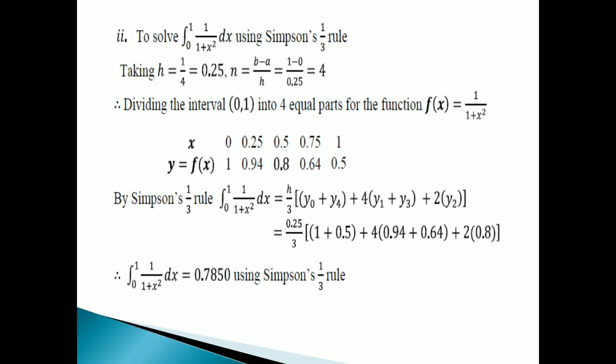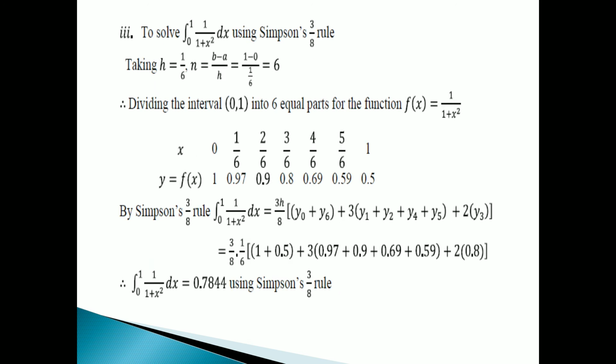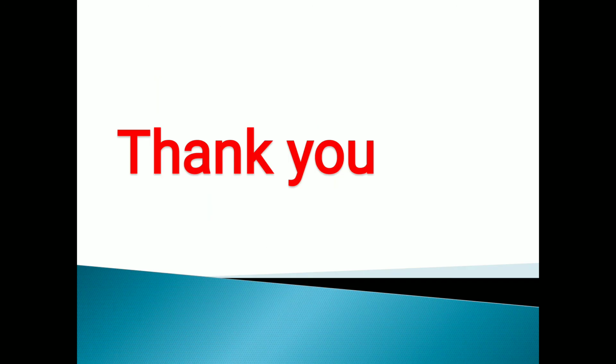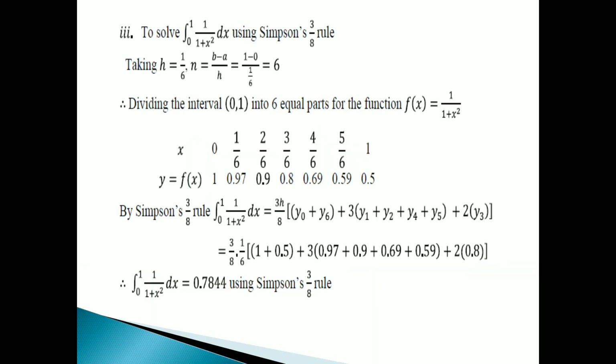Substitute the values of y0, y1, y2, y3 and y4 in the formula of Simpson's 1/3 rule. Then we get the final answer 0.7850. Similarly, by using Simpson's 3/8 rule, we can calculate the value for this given interval.